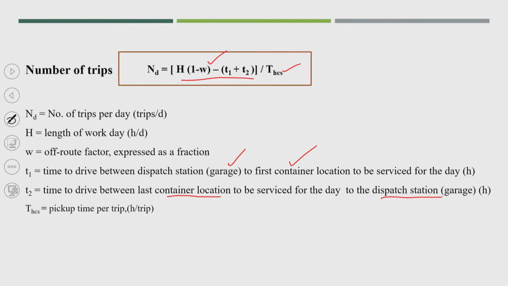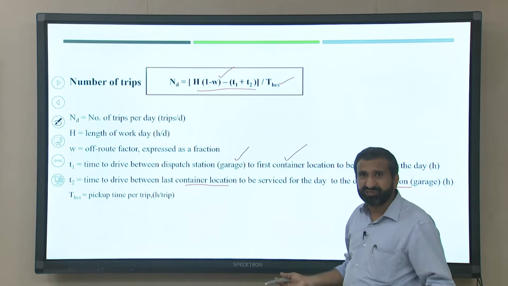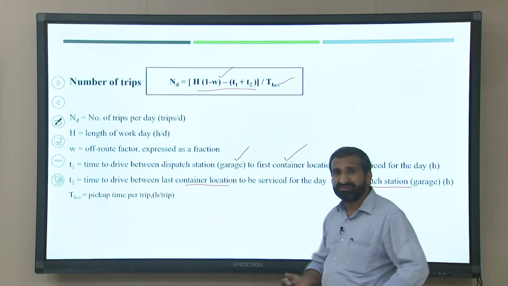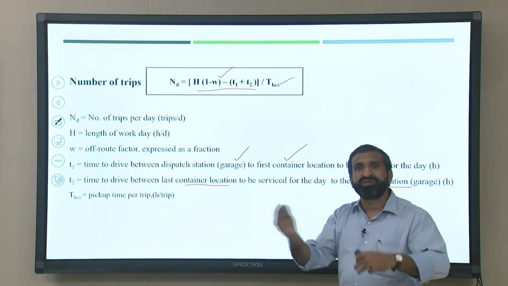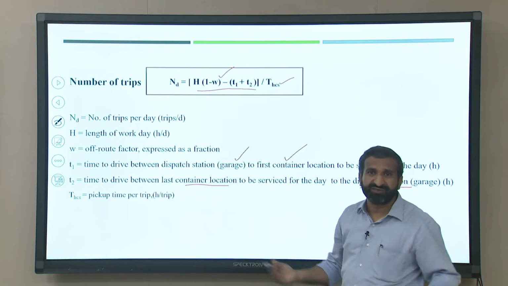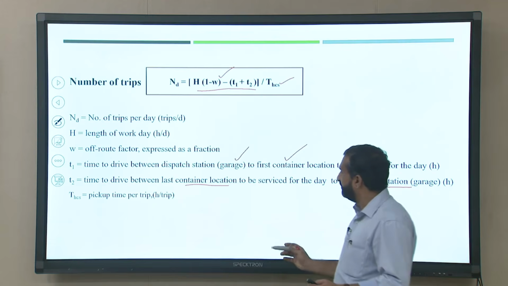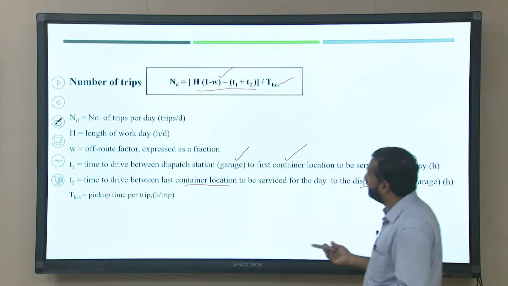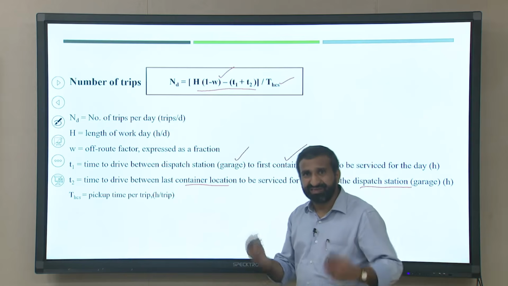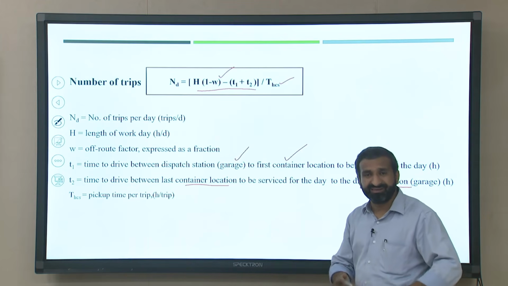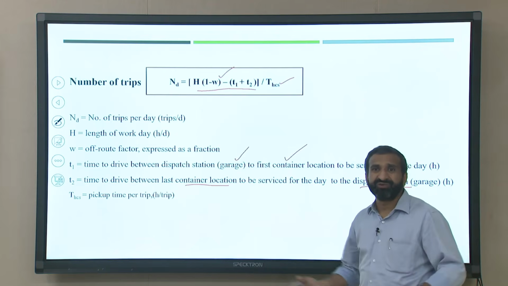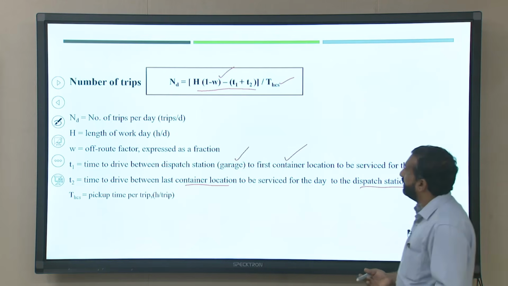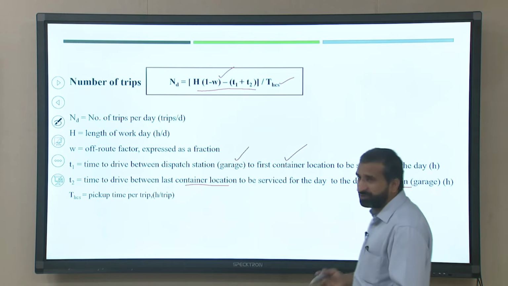It is possible that T1 and T2 could be negligible, because normally the first location we finalize is very close to the dispatch center. So, in that case T1 could be a very low value, and T2 also is possible sometimes, when the dispatch station is very close to the disposal site. So, in that case T2 will be negligible. That way we can calculate the number of trips.